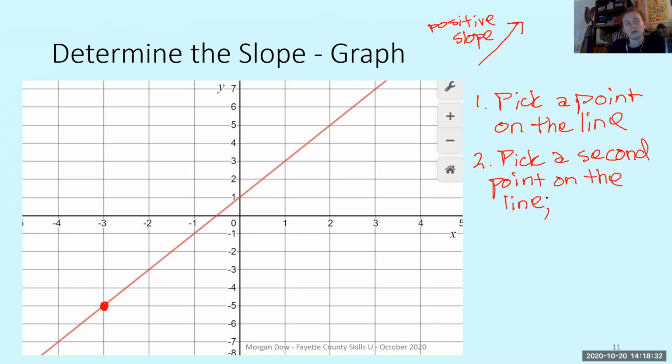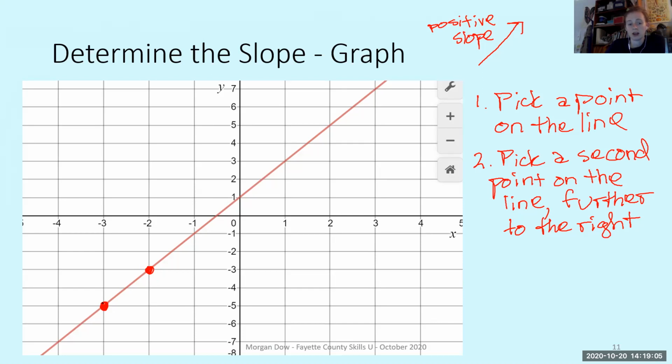And you want that point to be further to the right. So we're working left to right here. So I'm going to pick this point. And the points you pick do not matter as long as they are points on the line and they are points where it is clear to you what the value of those points are.